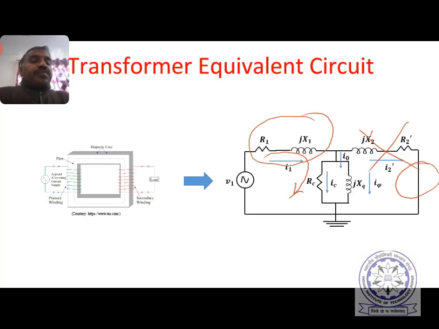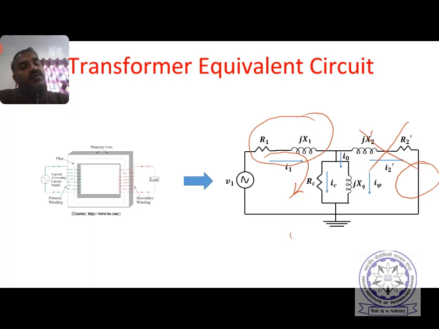Of course, the no load current passes through R1 and jX1 also, and then Rc and jXm, right? So what is R1? R1 majorly consists of the winding resistance, so winding resistance loss will be there.